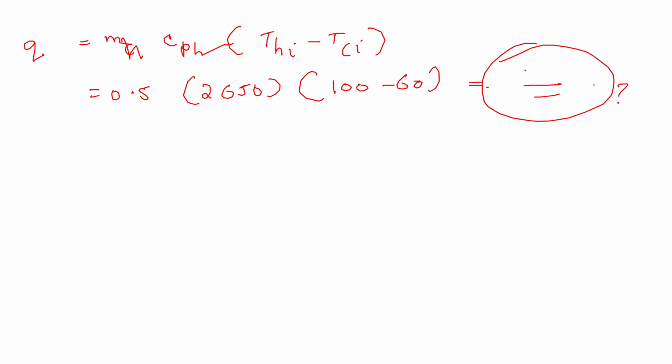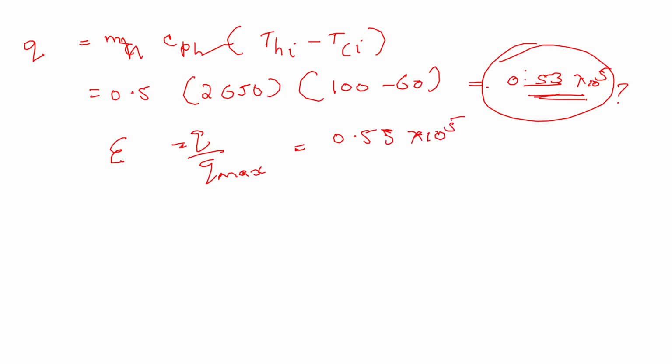Substituting all this, you get 0.53 times 10 to the power 5, so this will be the Q value. Now to find the effectiveness, it will be Q divided by Q max, that is 0.53 times 10 to the power 5 divided by 1.13 times 10 to the power 5. So it will be 0.47.